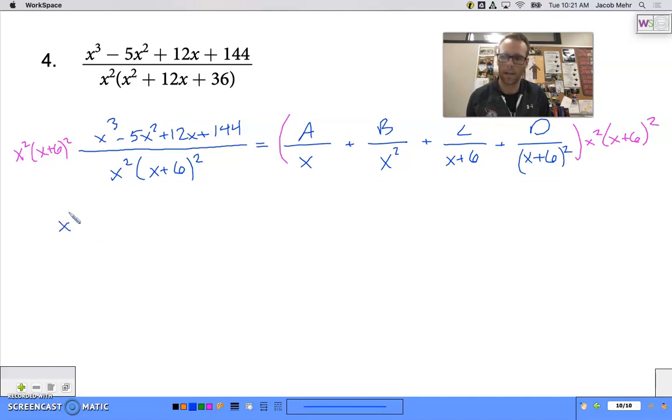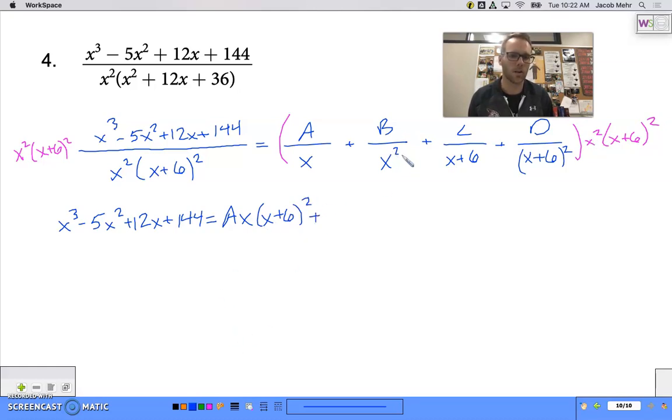Left side, x cubed minus 5x squared plus 12x plus 144 equals, all right, let's distribute to our first term. One of the x's will cancel, leaving one of the x's in the numerator along with x plus 6 squared.